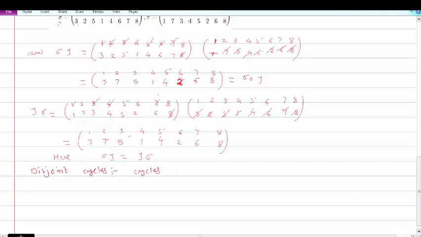Cycles having no symbol in common are called disjoint cycles. We have remarked that if cycles are disjoint, then they commute with each other. We will see this in a theorem, and its proof, also.